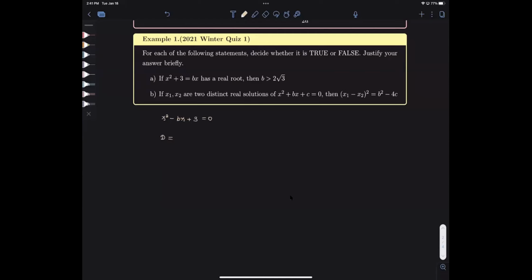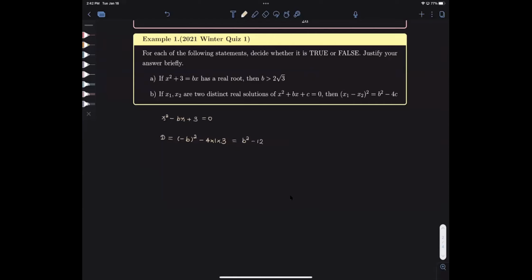B squared minus 4 times 1 times 3. Okay, so b squared or negative b squared? Oh, negative b squared. So it's negative b squared minus 4 times 1 times 3. Is that what you said? Yeah. Okay, then that's going to give you b squared minus 12.